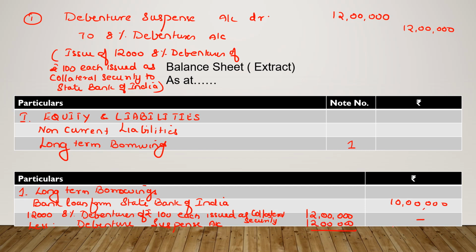So net amount nil. So the total of this 10 lakh is what the loan amount which goes into our balance sheet. So this is how when we pass a journal entry to record the issued debentures as collateral security, we reveal it in the notes to accounts.